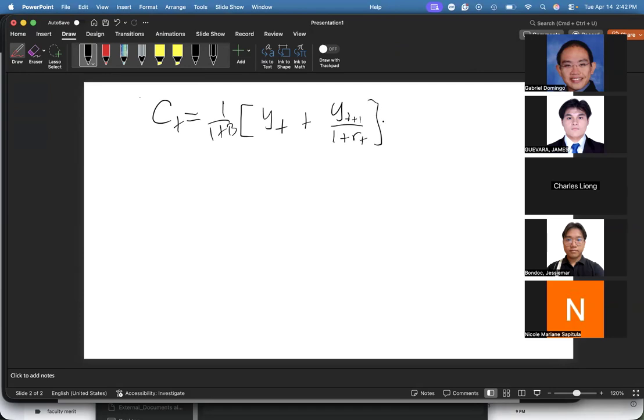Hopefully people find this familiar. It should be, and everyone is able to derive this from a two-period model.